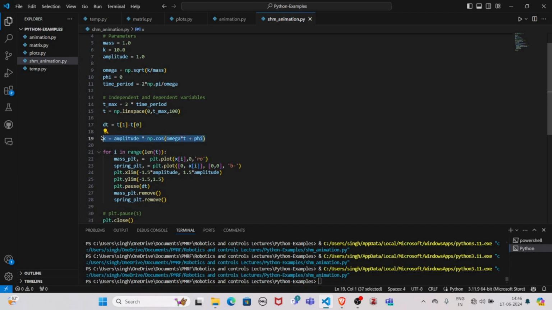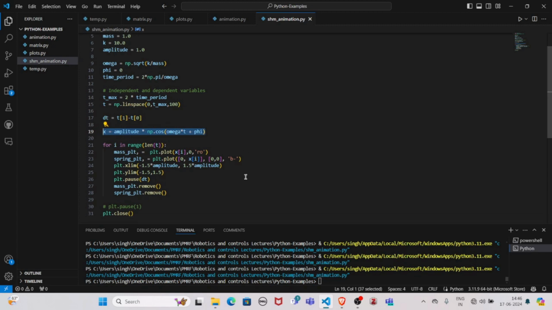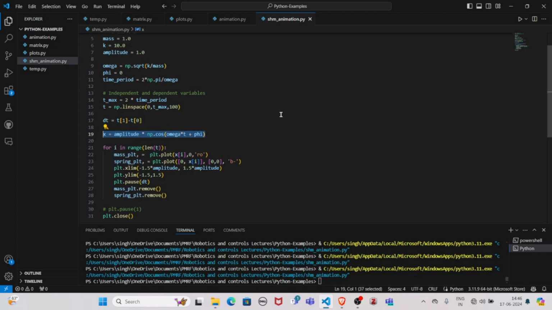Here you saw that we had some differential equation of simple harmonic motion. We solved it analytically, got the value of x as a function of time, and then plotted it. Similarly, you can plot things which you cannot find analytical solutions of x.